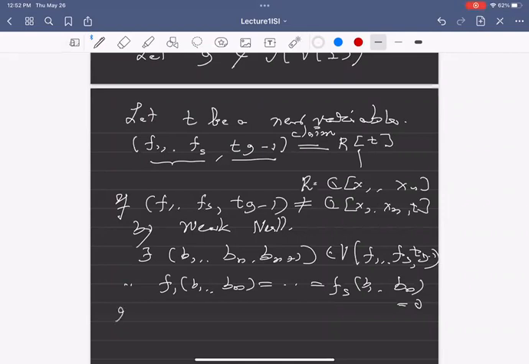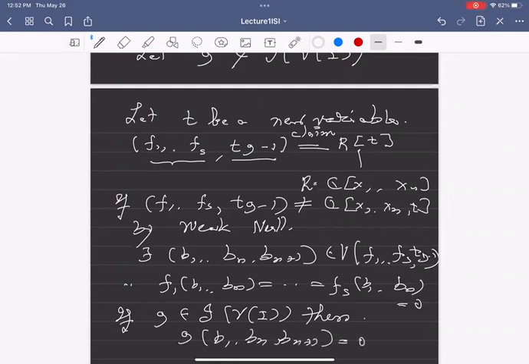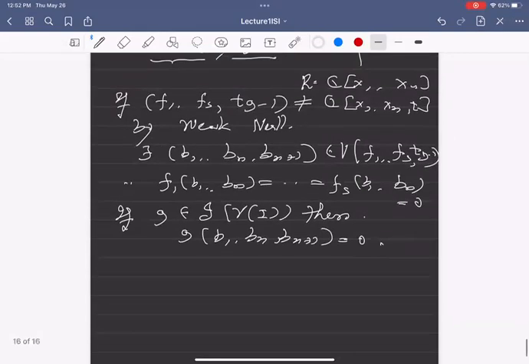If G belongs to the ideal of the variety of I, then G vanishes at B1, up to Bn, Bn plus 1. But if I look at Tg minus 1 and substitute B1 up to Bn plus 1, what do I get?